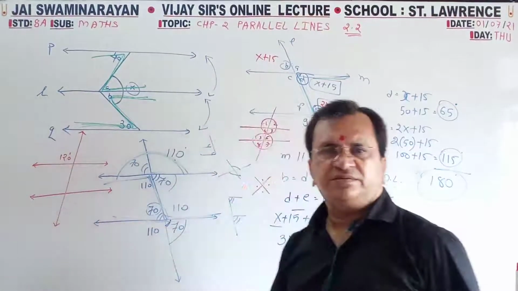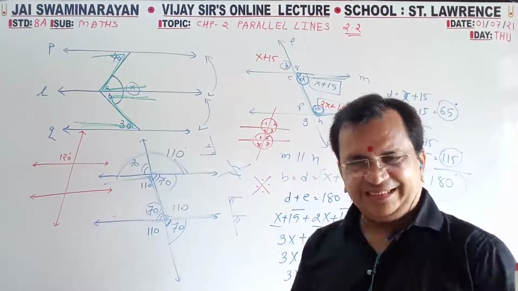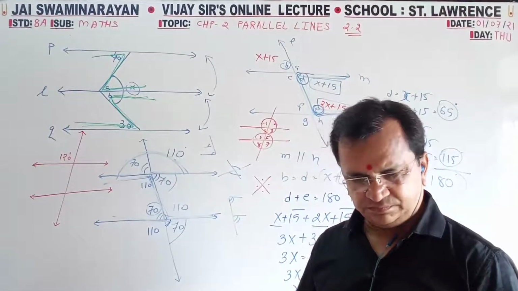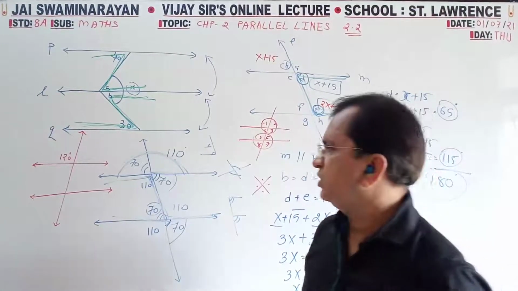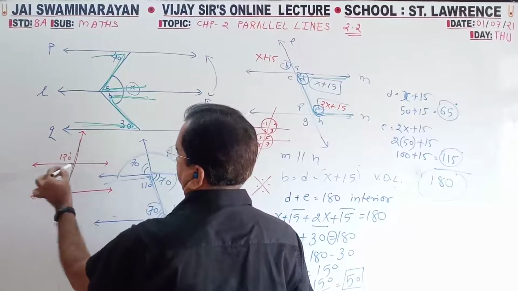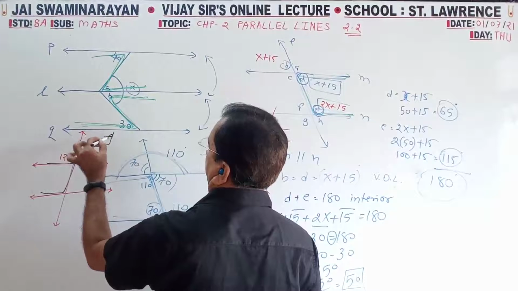Only one given, the rest we have to find. So this is 120. So you can see F, 120, 120.